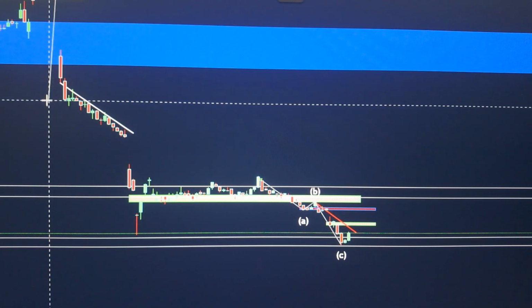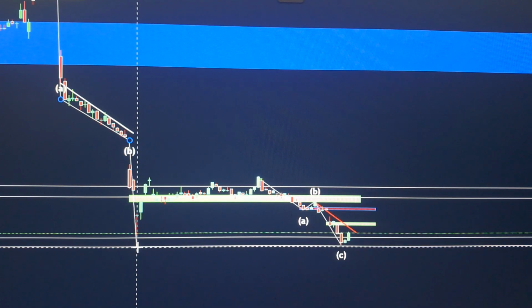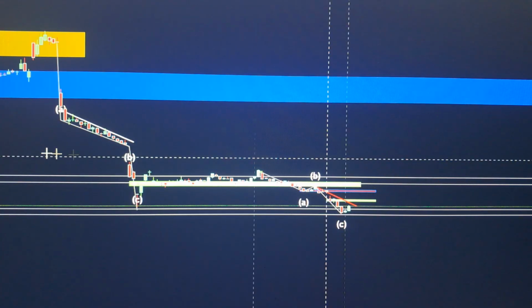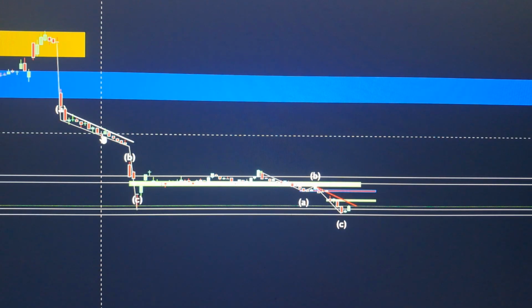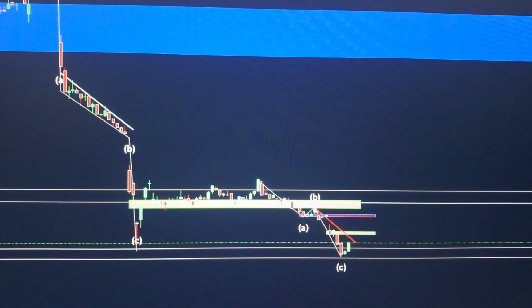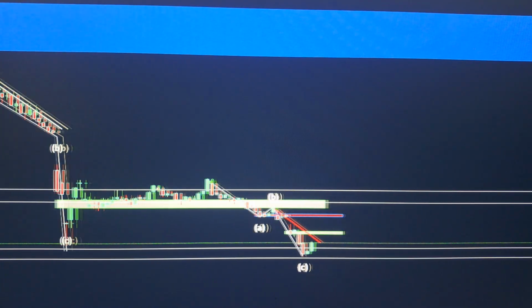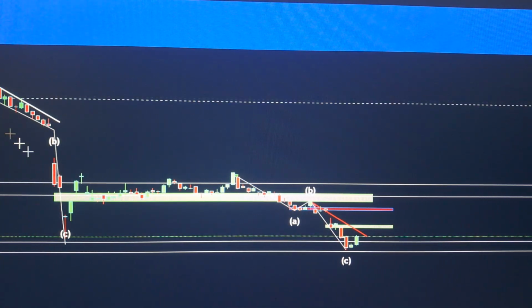When UNH started to fall, you had that same move, A, B, C, and sorry if I'm off screen a little bit here, guys. You see as a whole the A, B, C. I call these an ABC S curve. It's not necessarily what it's called, but that's just what I've always called it. So this would say, hey, we're in a three. That's the completion of the three.